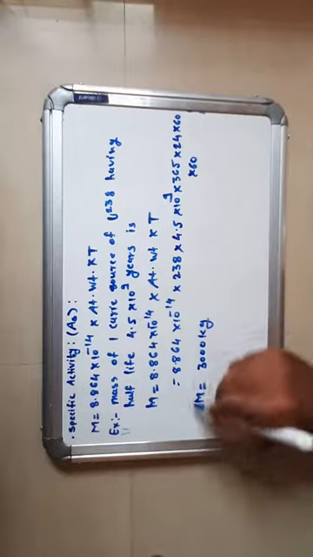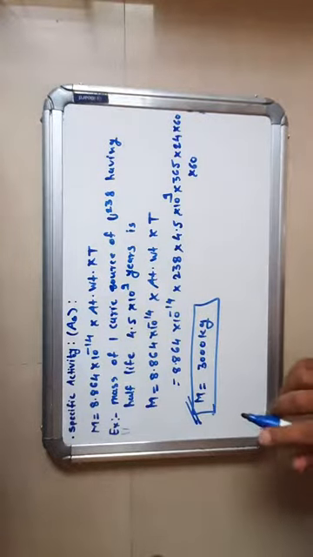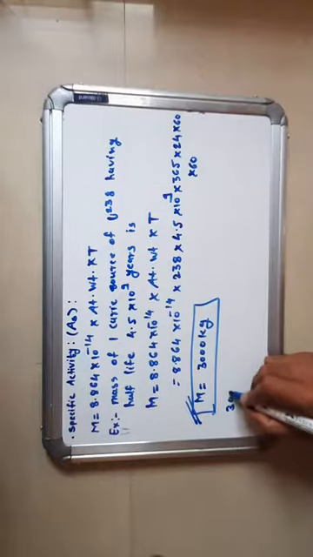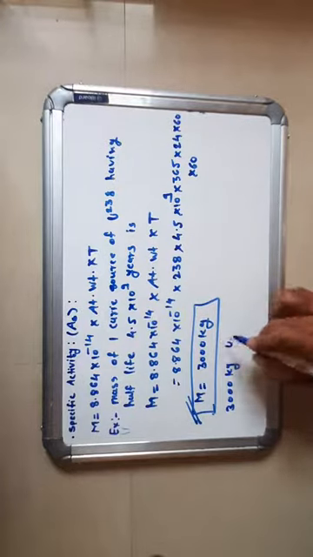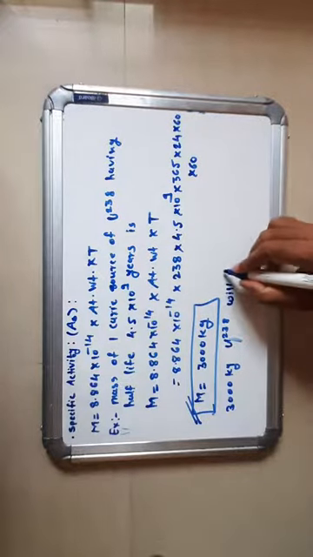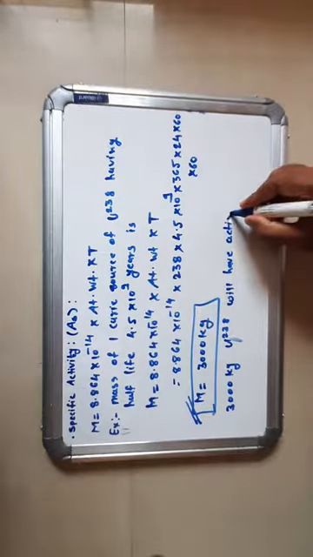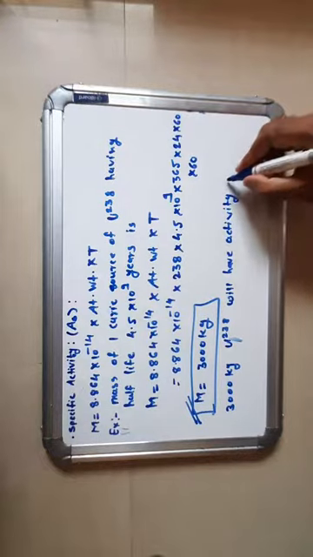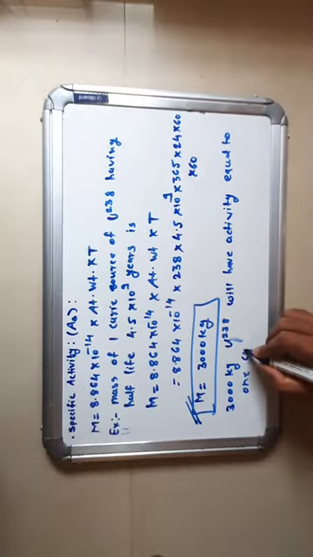After solving this, we got the mass of this 1 curie source of uranium is equal to 3000 kg. 3000 kg uranium 238 will have activity equal to 1 curie, right?